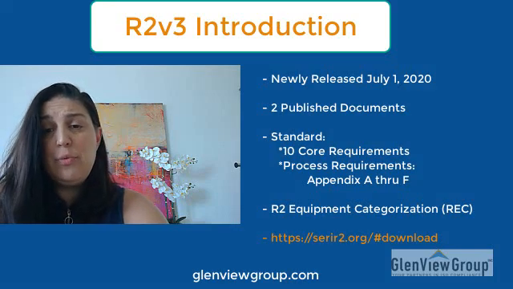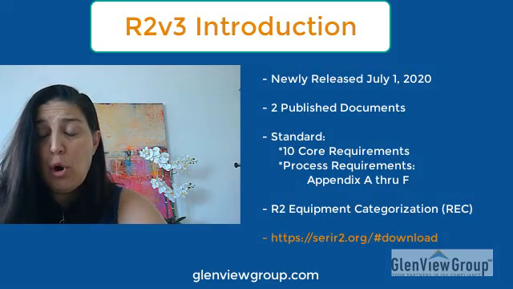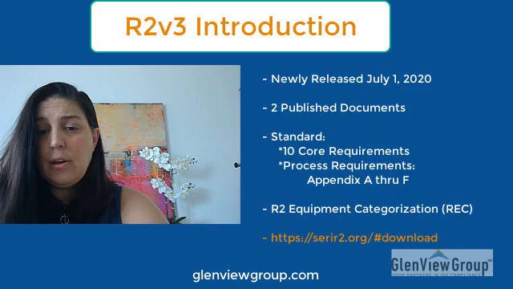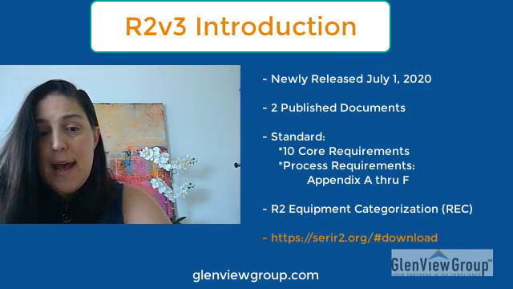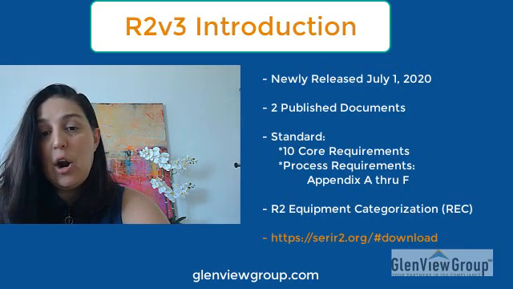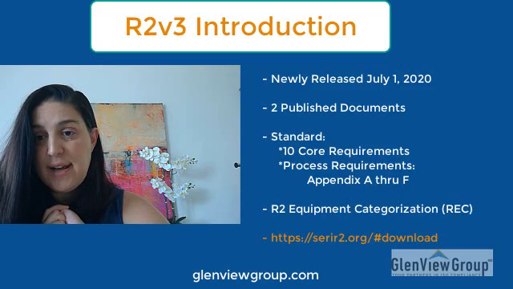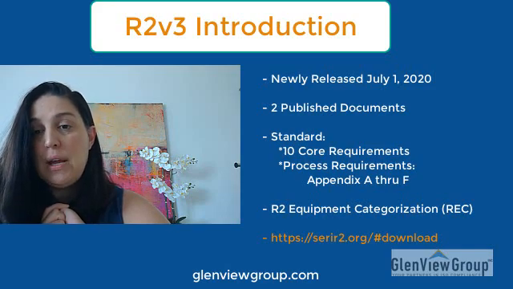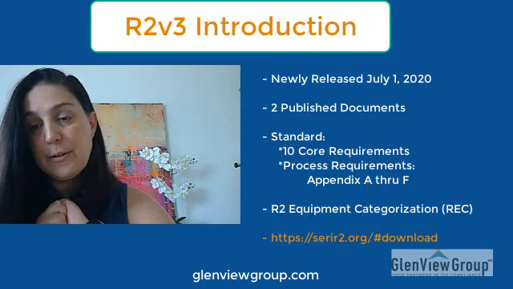That document really outlines the framework for evaluating electronic equipment, components, and materials, and categorizing their R2 status through each step of the R2 process. And so it is actually referenced as a requirement within the R2 standard.